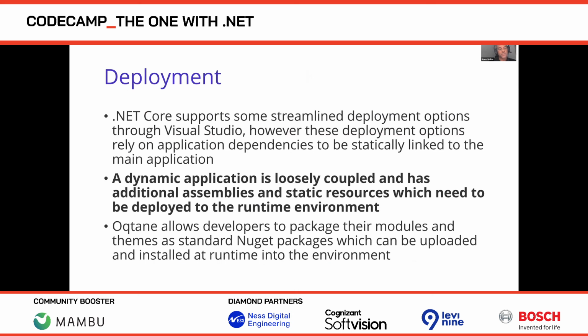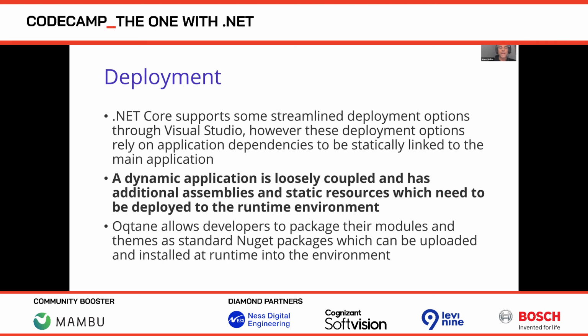Deployment gets a little bit tricky when it comes to dynamic applications, in the sense that Visual Studio does a lot of magic behind the scenes when you choose to do a web deployment. It figures out all of the different NuGet packages that you have a reference to, pulls the DLLs from those NuGet packages into your deployment folder for you, and figures out all the different dependencies.